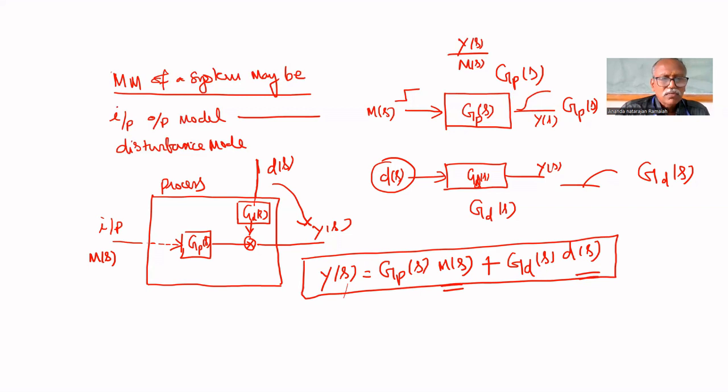Suppose you want to design a controller for disturbance, that is called a feed-forward controller. Then how to design?